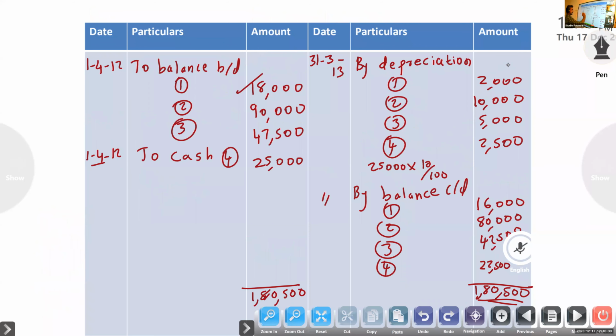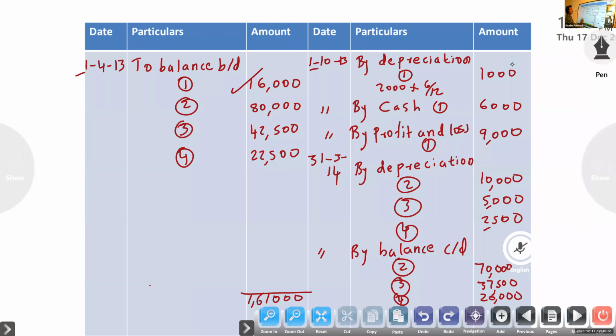But next year, the second year, the balance b/d is 18,000. So the second year it will be 18,000 into 10%. Then in the third year, that machinery's balance b/d is 16,000.